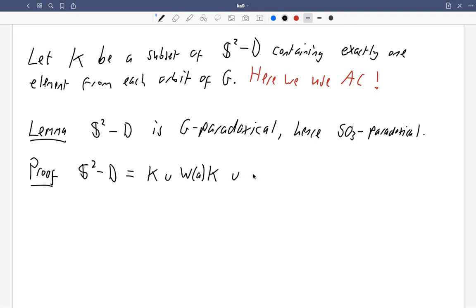So the point is the sphere with this countable set of fixed points removed, we can again partition it in the same way that we partitioned F2, just by applying the elements in the W set, the words beginning with B, for example, to all elements of the set K. And because K only contains one element of each orbit, whenever we apply elements of the group to elements of K, we'll get something else in the same orbit.